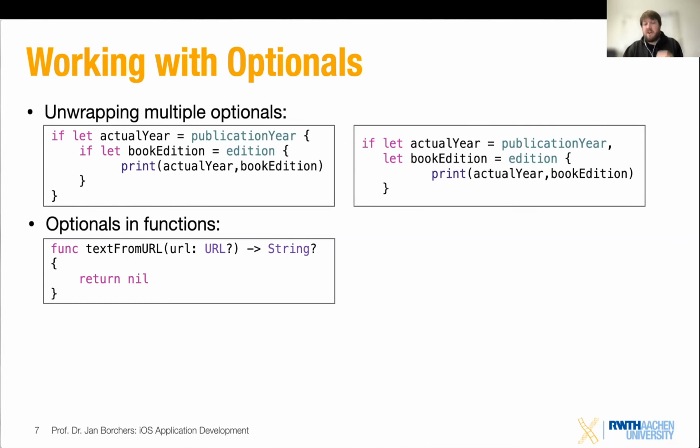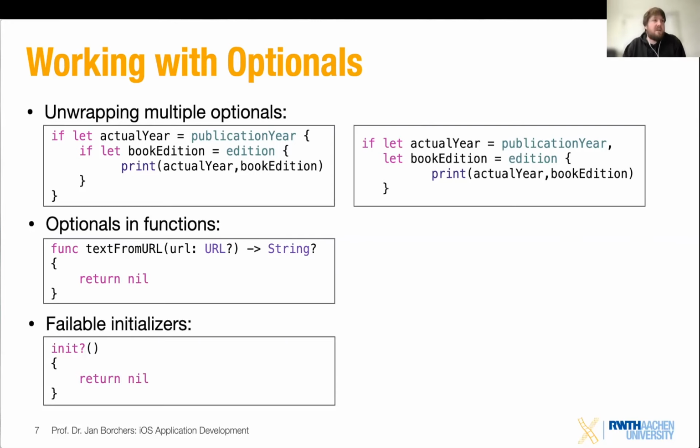And also for initializing objects, for example in classes, you can have failable initializers that determine, based on the parameters or the state of your application, whether it needs to be handled first before you can create the object. You can have the init with a question mark behind it.